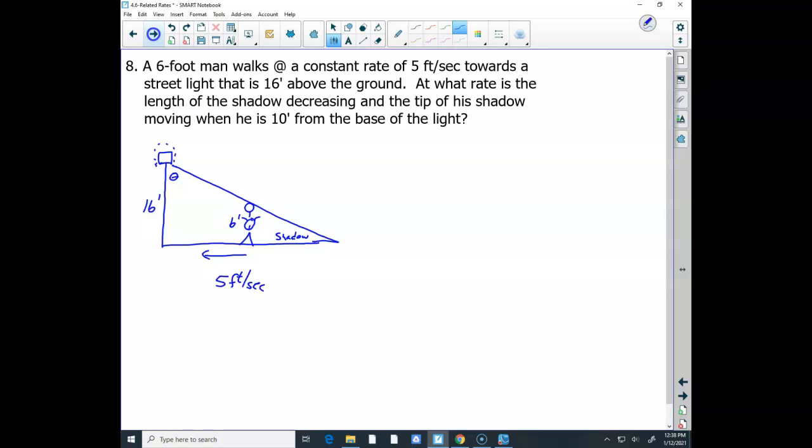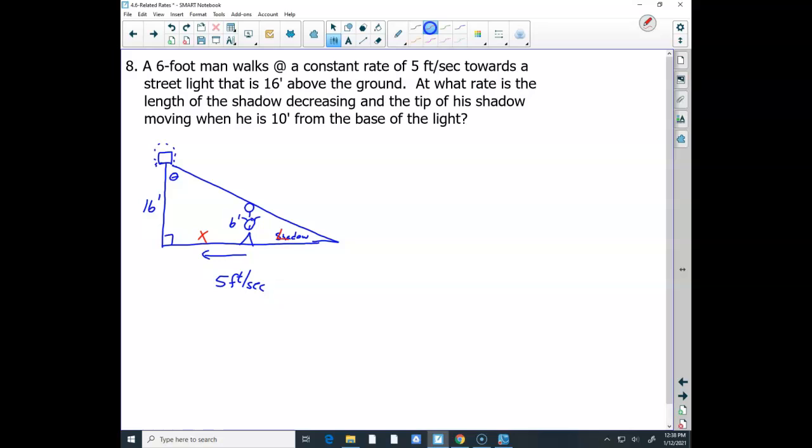Now I have 2 changing distances here, right? And the street light's perpendicular. Okay? So I have 2 changing distances. I have the distance between the man and the light pole, and I also have the length of my shadow right there that's changing. And those are the only 2. Well, my hypotenuse is changing, but that really doesn't have much to do with the shadow, okay?